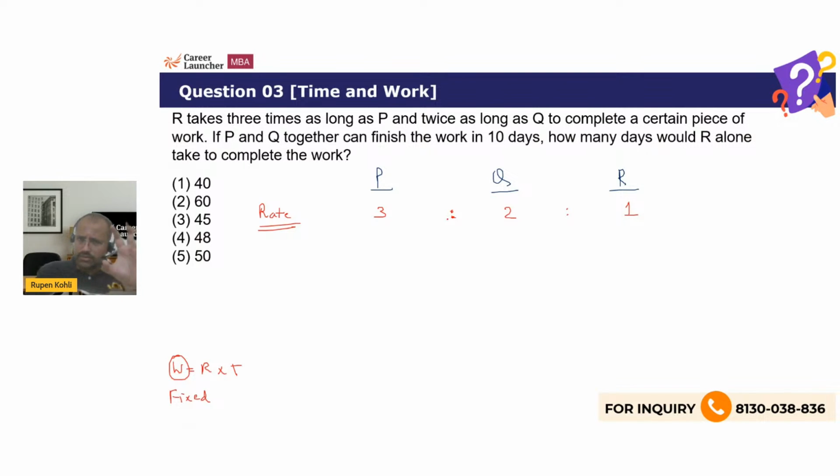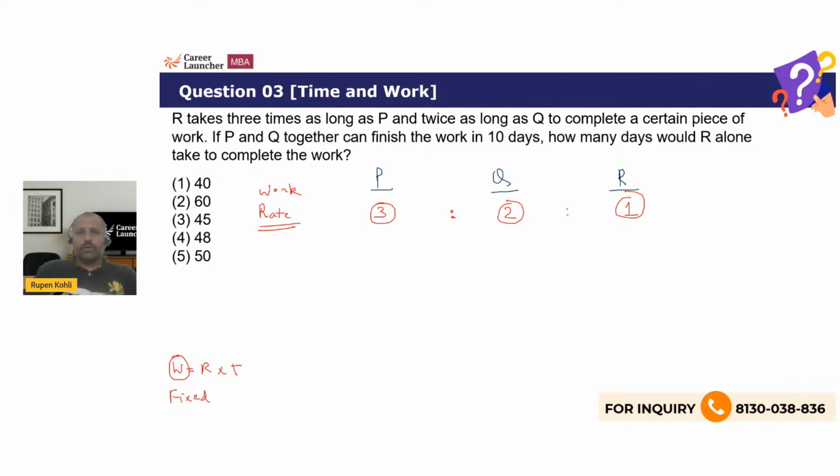If this is a ratio, then we can assume these numbers itself as a work rate. You know that in time and work questions, we assume either the total work quantity or the work rate. So once you get the ratio, you can just assign them the work rates as 3:2:1 units respectively. So I'm just taking 3:2:1 as their respective work rates.